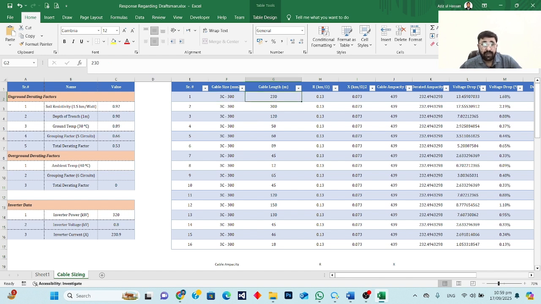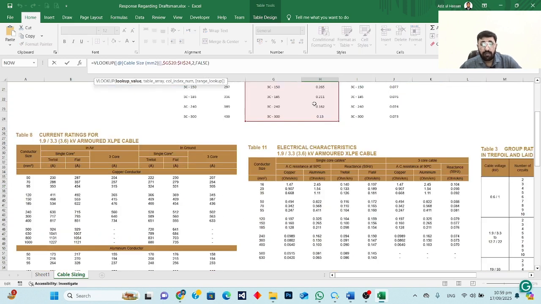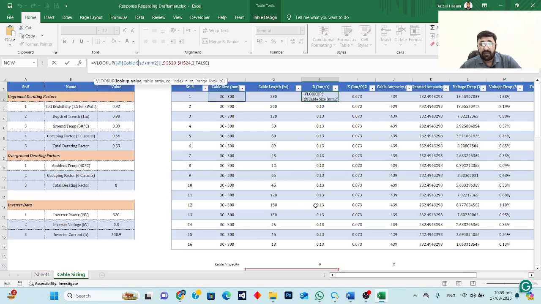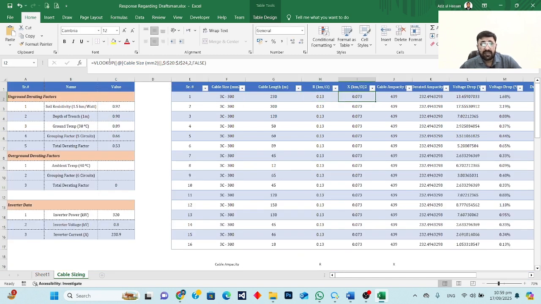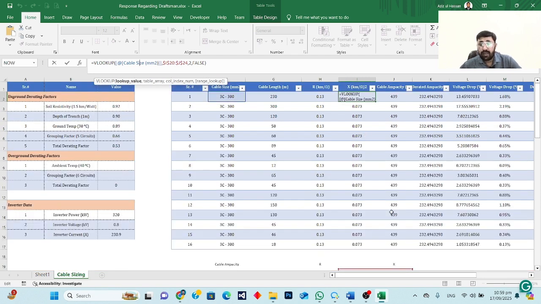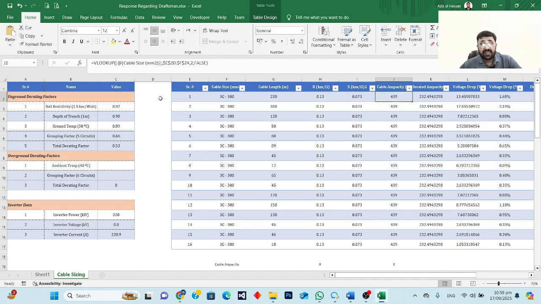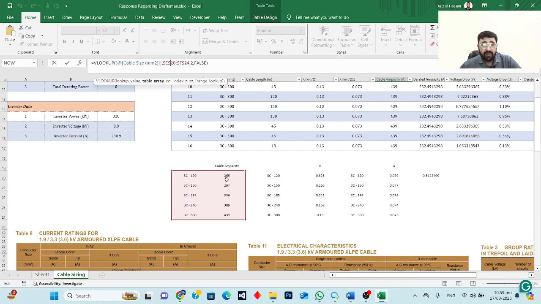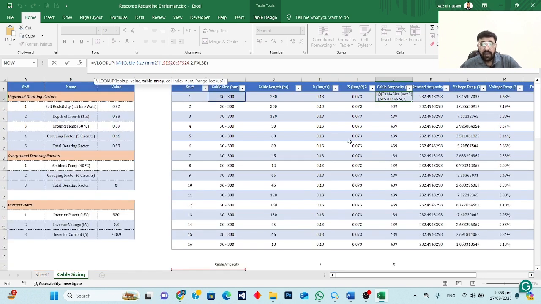I have put in the cable length. Then I have taken the resistance value from this, for whichever size I selected, and the X value I have taken from that table, as per the actual size. And this will be the ampacity of the cables.